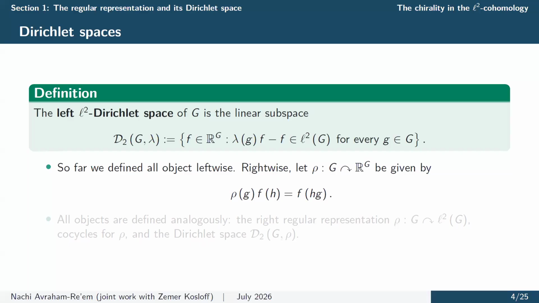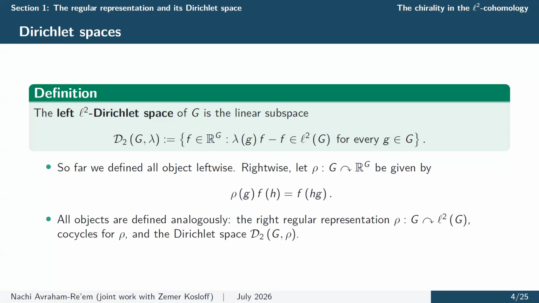So far I took the convention, the left convention. But of course, one can consider everything analogously from the right, so we can take rho to be the action of G on R to the G from the right. Again, if I have a group element g and a function f from G to R, I can translate the argument of the function from the right, and I get an action. Now, all objects I mentioned before can be defined in an analogous way.